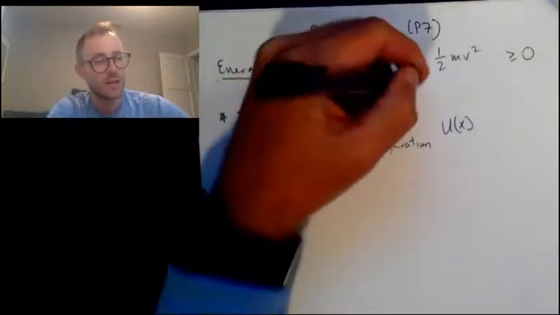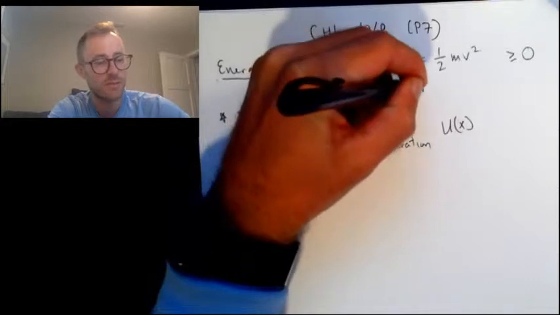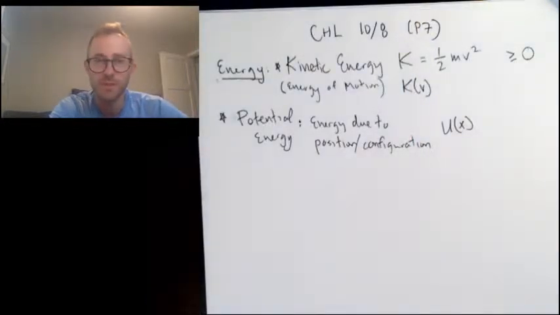Now, by the way, kinetic energy does not depend on position. It depends on velocity. So we could say K of v if we wanted to.